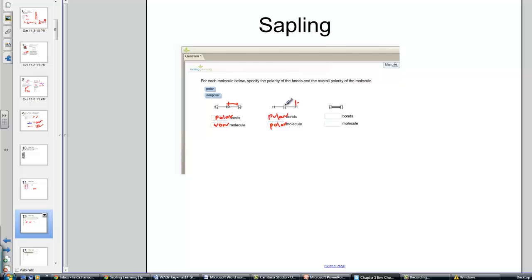So the bonds would be pulling this way. And here, of course, we have a diatomic molecule, so we'd have a nonpolar bond. Identical atoms bonded together would have an electronegativity difference of 0. And the molecule is nonpolar because it's evenly distributing its electrons around both of those oxygens.